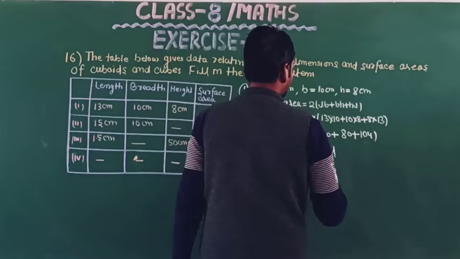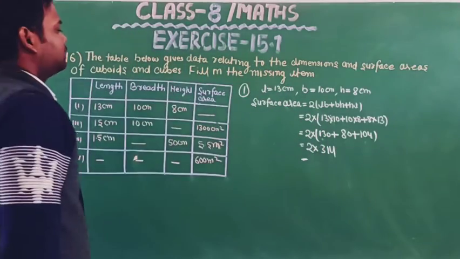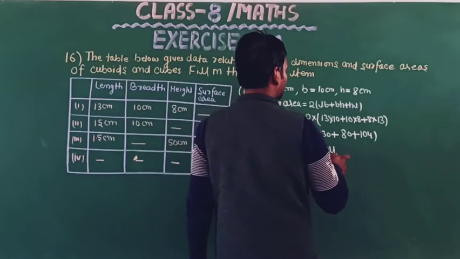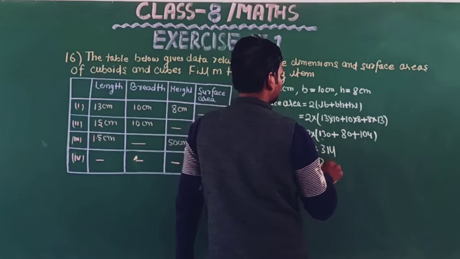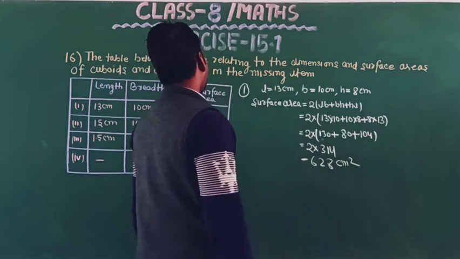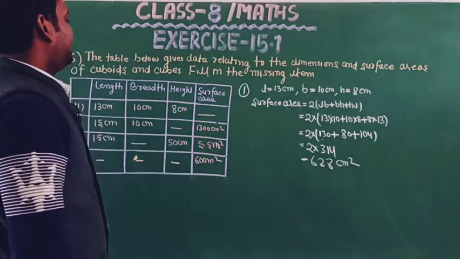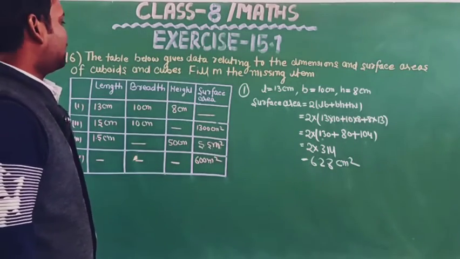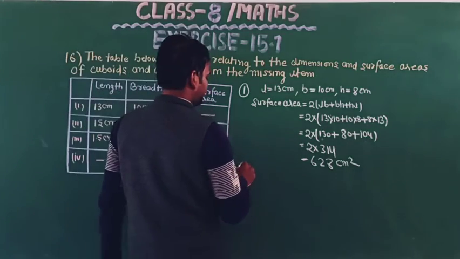Now multiply 2 into 340, so we get 680. Total surface area of the cuboid equals 628 centimeter square.